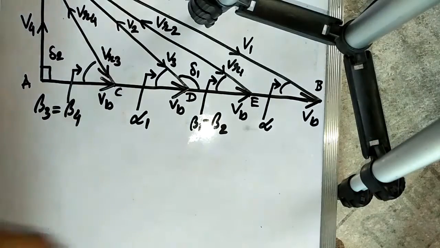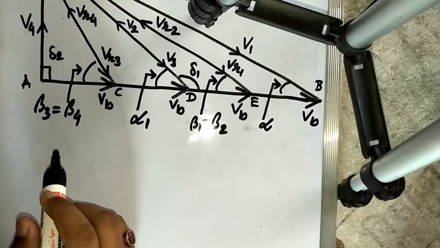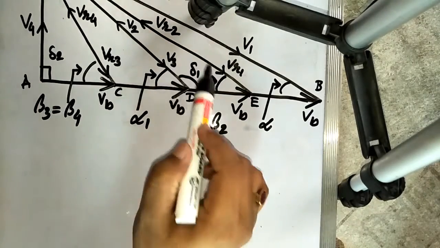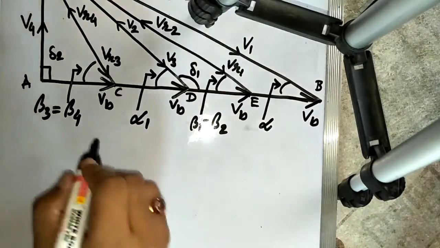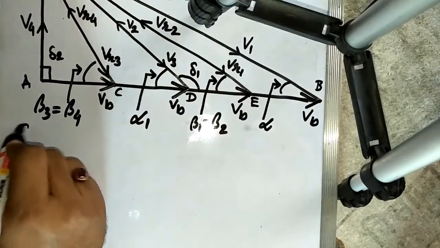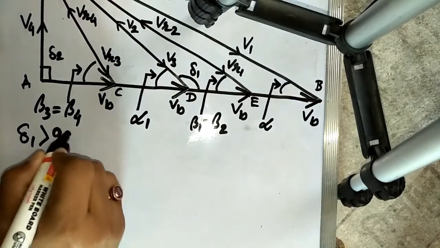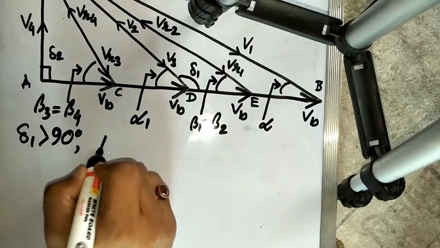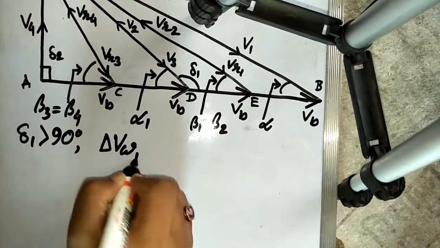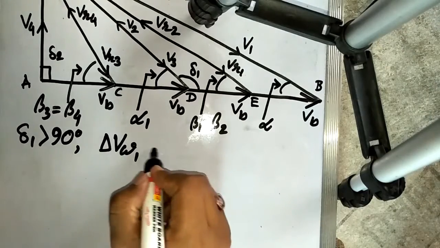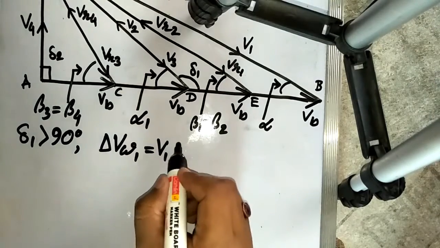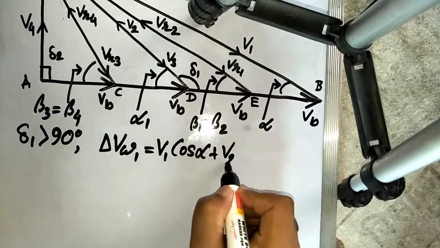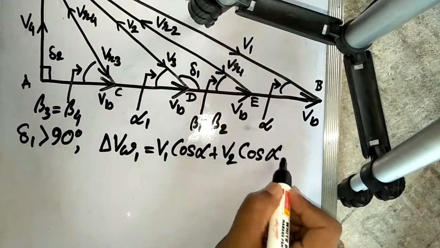So let's write the equation once again. Since delta 1 is greater than 90 degree, we can write del V omega 1 is equal to V1 cos alpha plus V2 cos alpha 1.